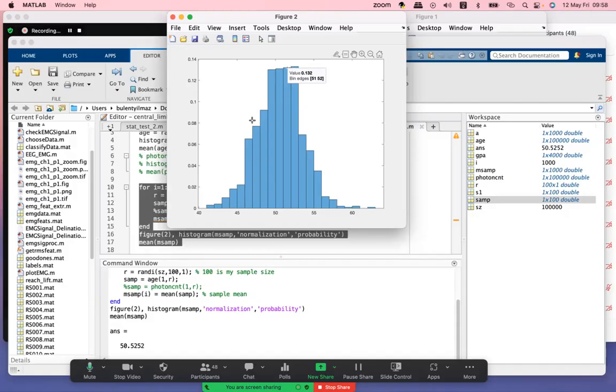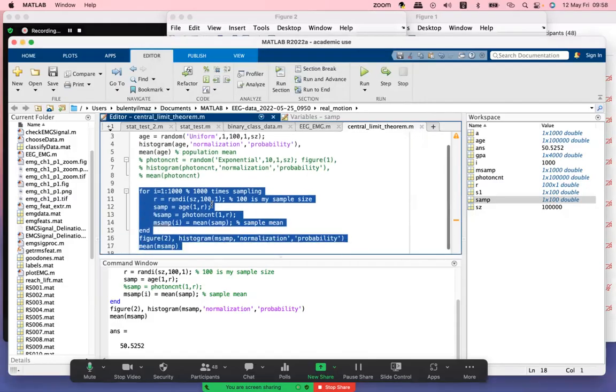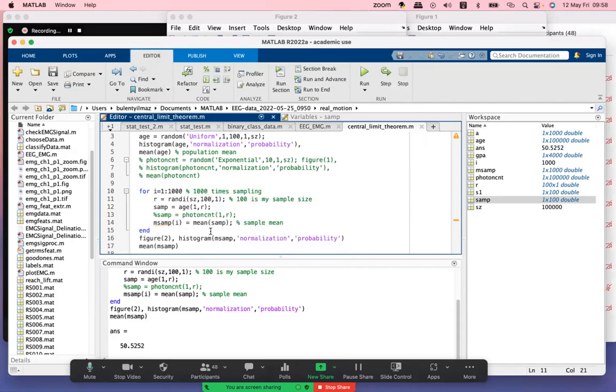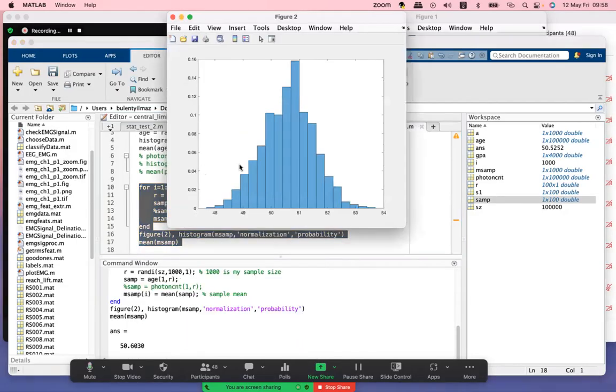So for example, if I change the size of my sample from 100 to 1,000, now I'm going to ask 1,000 people their ages, and see how this graph changes.